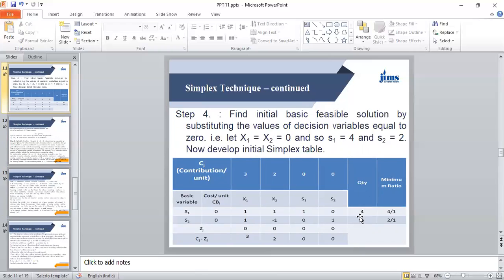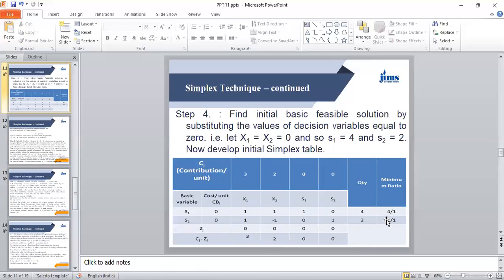The quantity column has two values, 4 and 2, and the key column has two values, 1 and 1, both positive. Had there been even a single negative value, we would not have considered it. We consider only the positive entries. So 4 divided by 1 is equal to 4, and 2 divided by 1 is equal to 2.